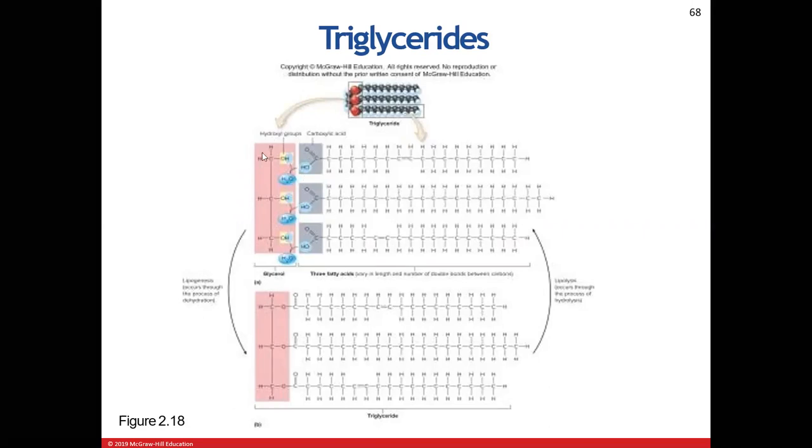So if we go through lipogenesis, this is where we form a triglyceride, so we're forming it here on this side. Here, where we go through lipolysis, we break down that triglyceride and bring it back into its component parts.